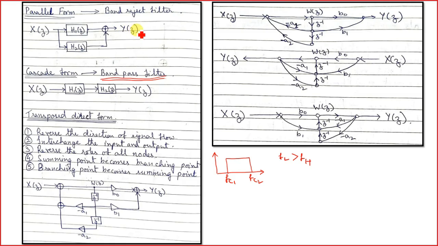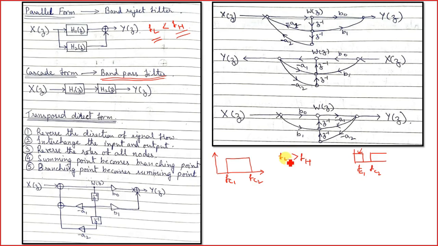In the first case, in the band reject filter, FL should be less than FH. Your low pass cutoff frequency should be lesser than the cutoff frequency of the high pass filter. That's why FC1, the cutoff frequency of the low pass filter, was lower than FC2, the cutoff frequency of the high pass filter, right?